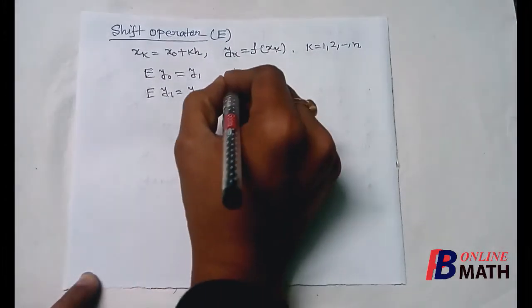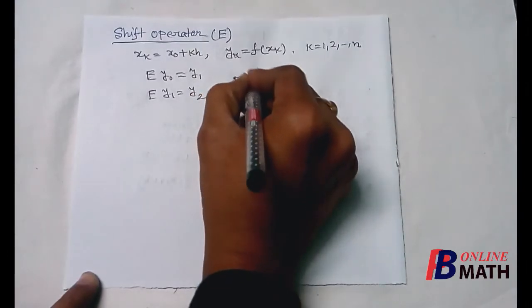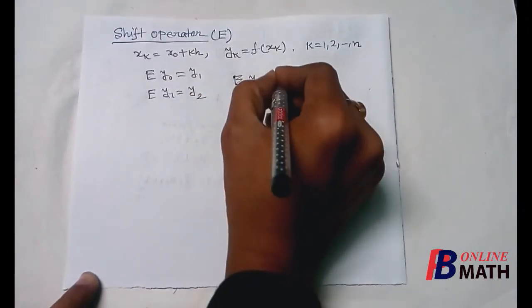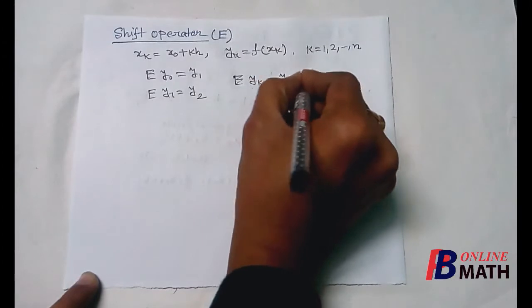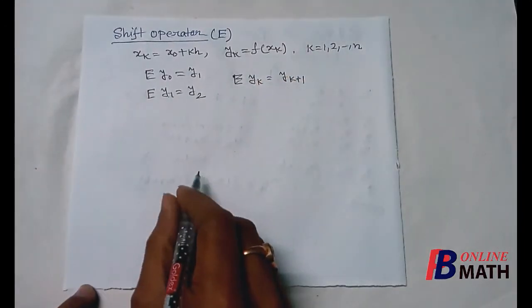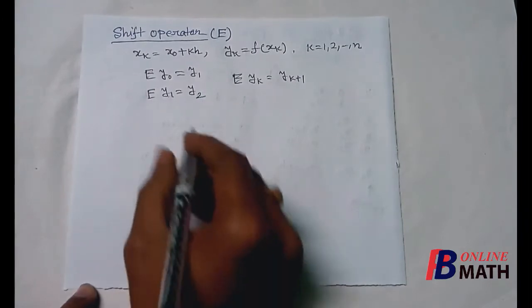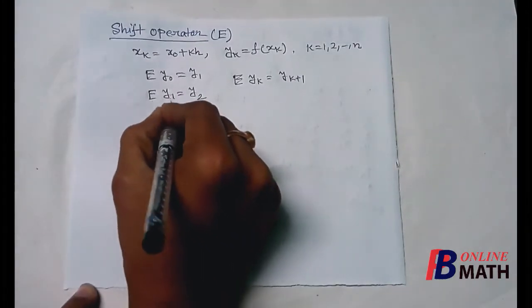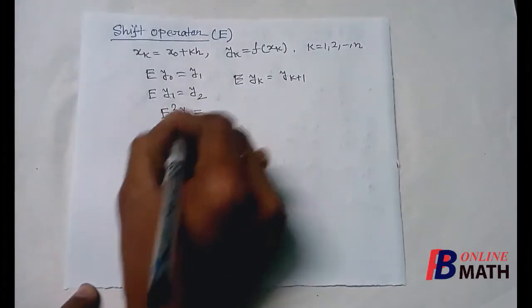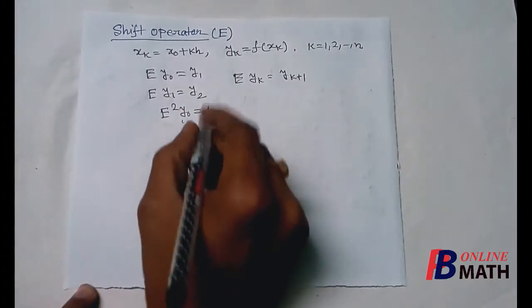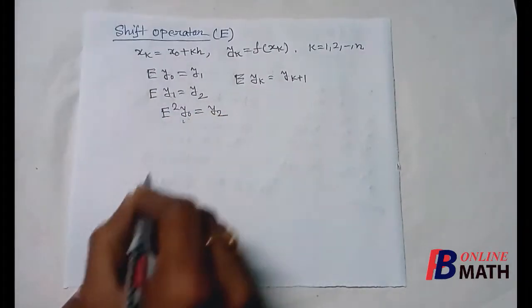In general, if we apply the shift operator on yk, then we get yk plus 1. Now if we apply this shift operator 2 times, that means E square on y0, then y0 shifts to y2.